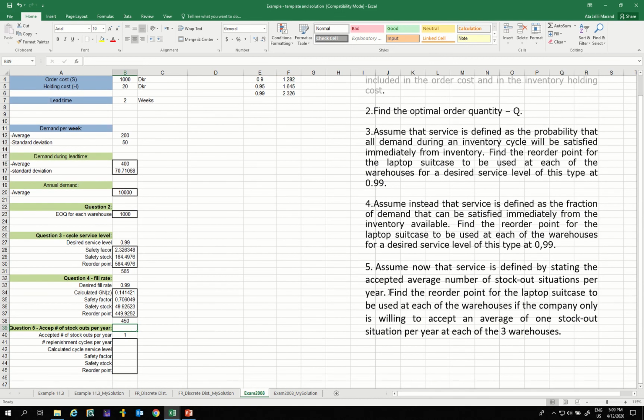In the next part, in part 5 of this assignment, it says that assume now that the service is defined by stating the accepted average number of stockout situations per year. In other words, the average accepted number of cycles with shortage.